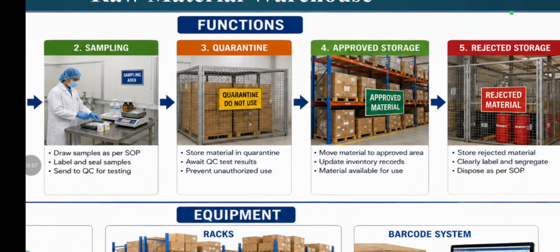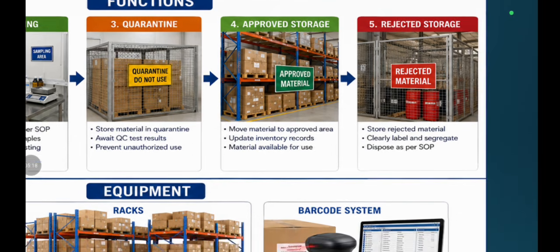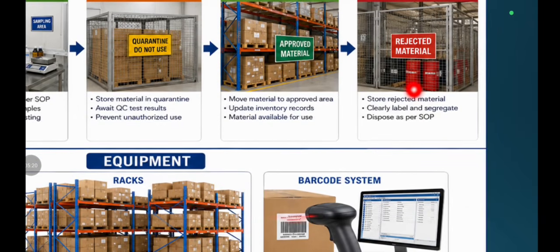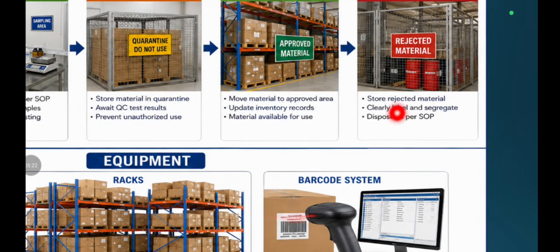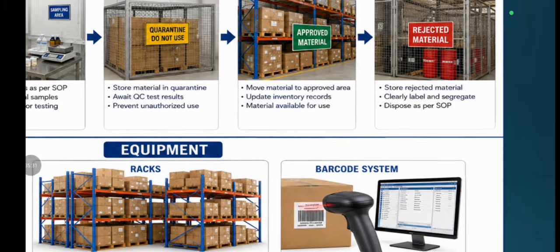According to the QC result, if the result is approved, the material should be kept in approved storage, and if rejected, the material should be kept in the rejected material area, and disposed of by the disposal procedure in the standard operating procedure.